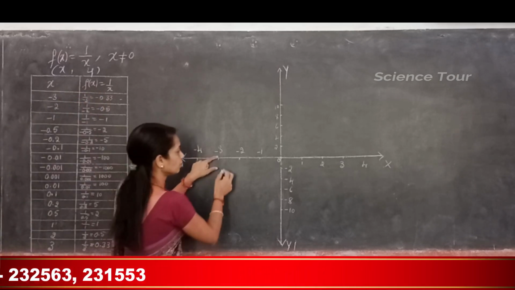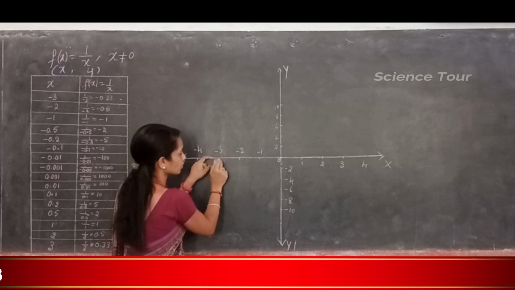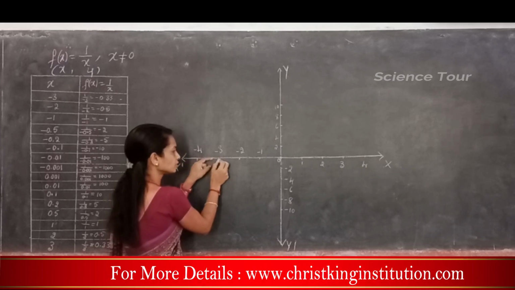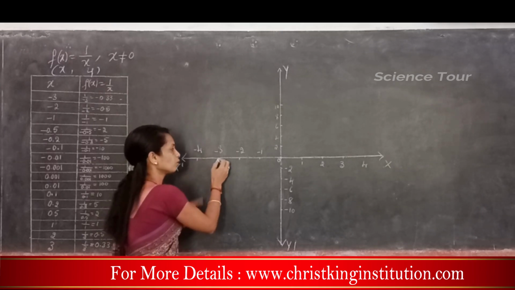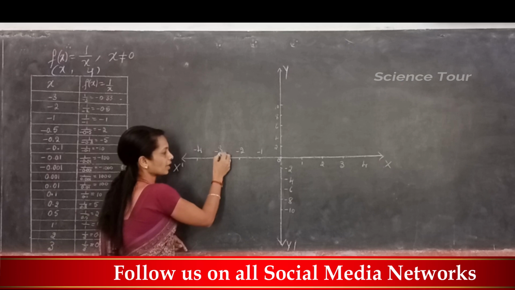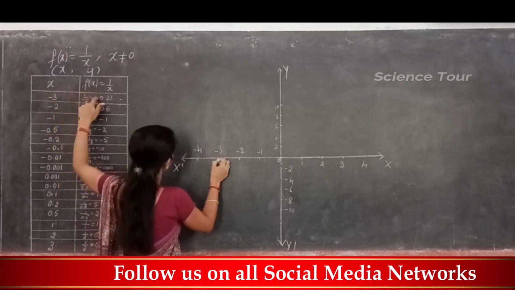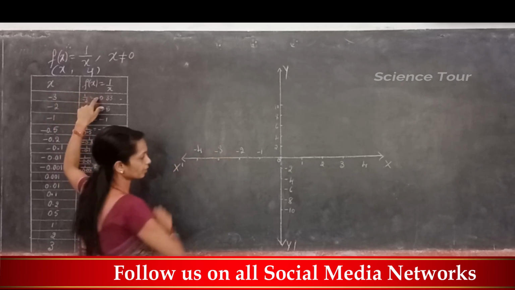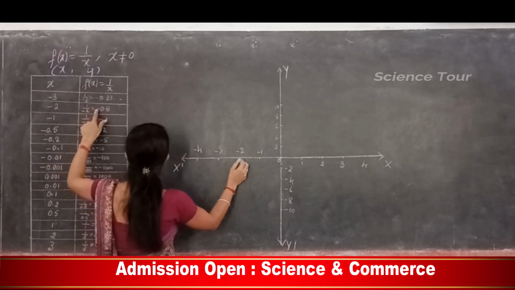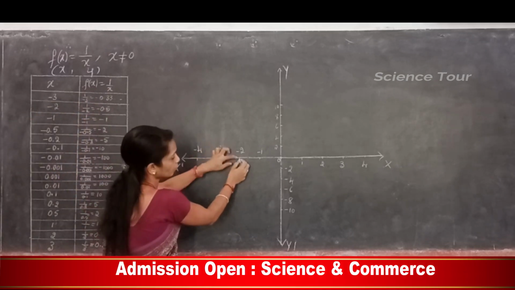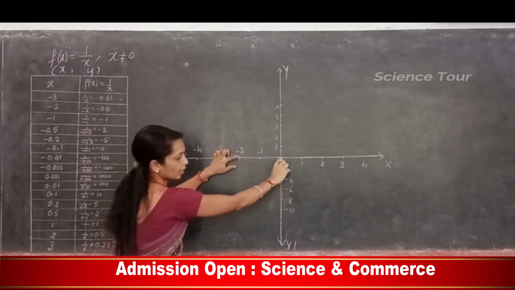Minus 3 is here somewhere, and minus 0.33, that is here. Don't touch the x axis, very close to x axis. Minus 3 image is minus 0.33 somewhere here, and minus 2 image is what? Minus 2 image is minus 0.5, exactly in between 0 and minus 2.